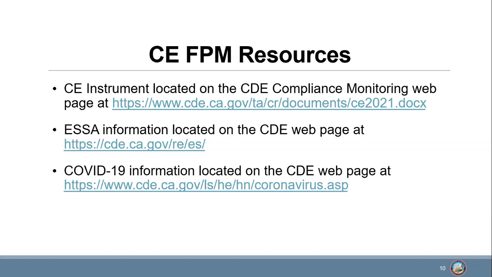Many of you, I'm sure, are familiar with ESSA, the document itself. If you want to access it, you can use any search engine or go to CDE's website. Again, we're living in unprecedented times during this pandemic. There is a lot of information about COVID-19 as it relates to schools and LEAs, and again, our website link is right there.